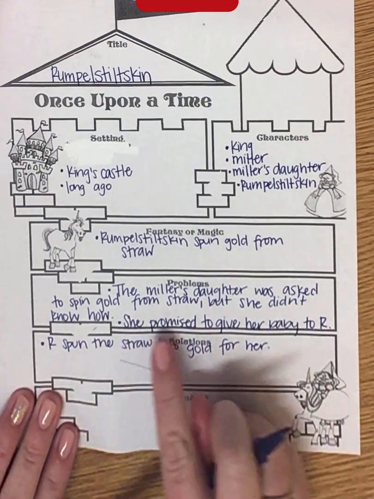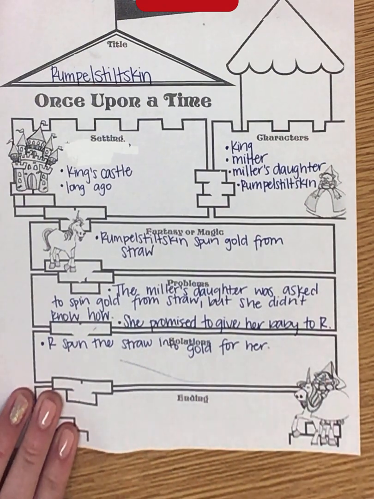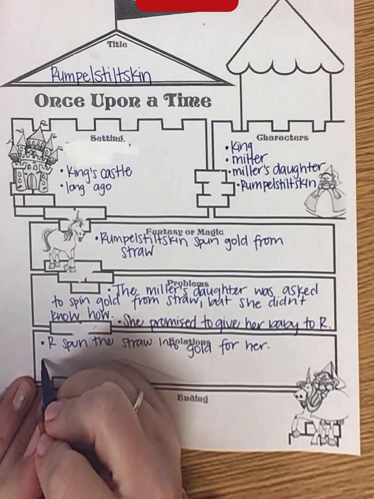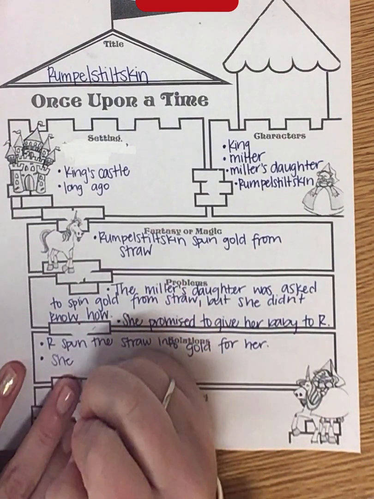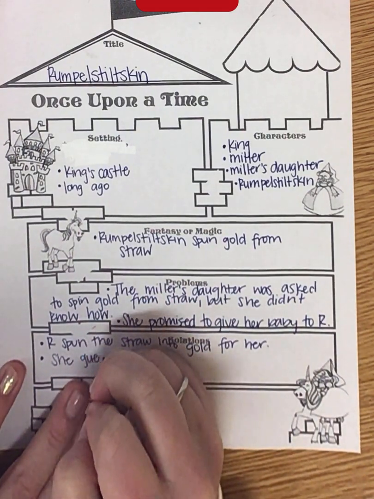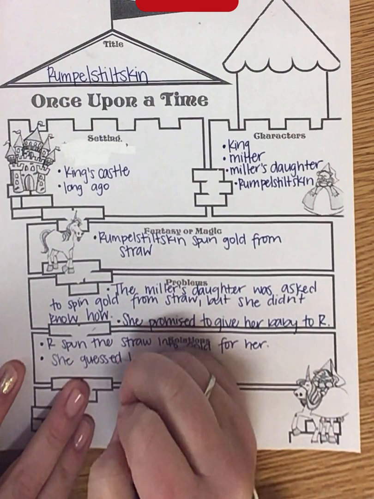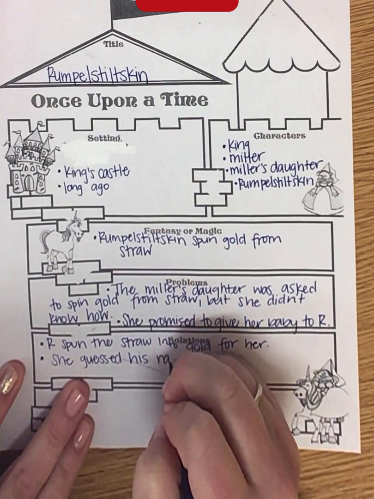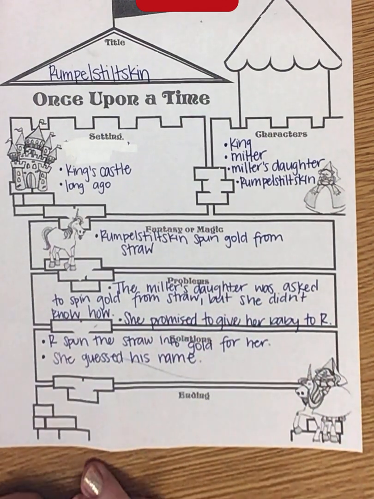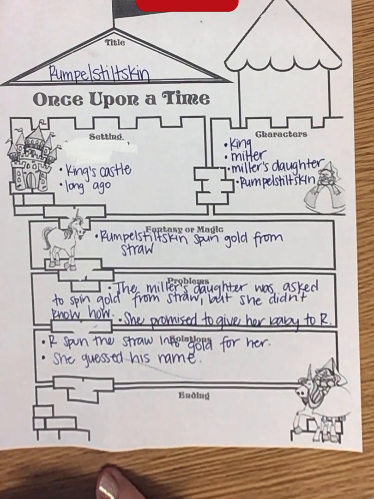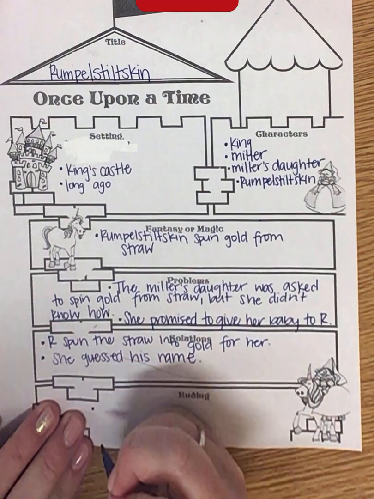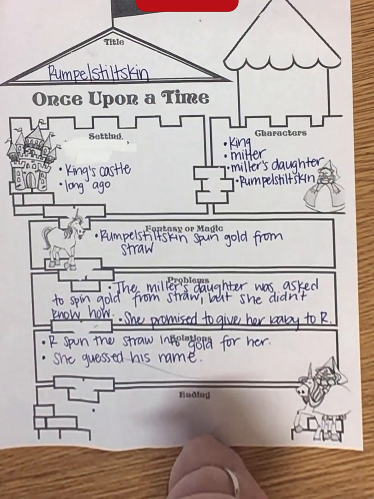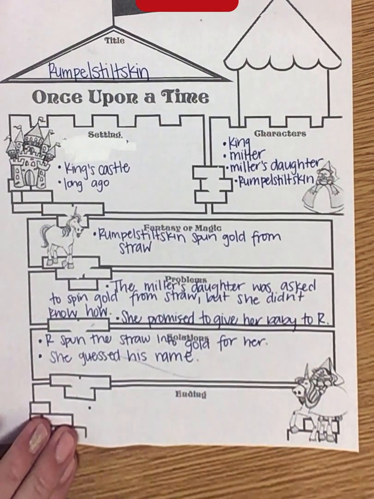And how did the problem that she promised to give her baby to Rumpelstiltskin, how was it solved? She guessed his name. Great job. And we know that all fairy tales have an ending. What happened in our ending today? They did live happily ever after, but something different happened in our end.